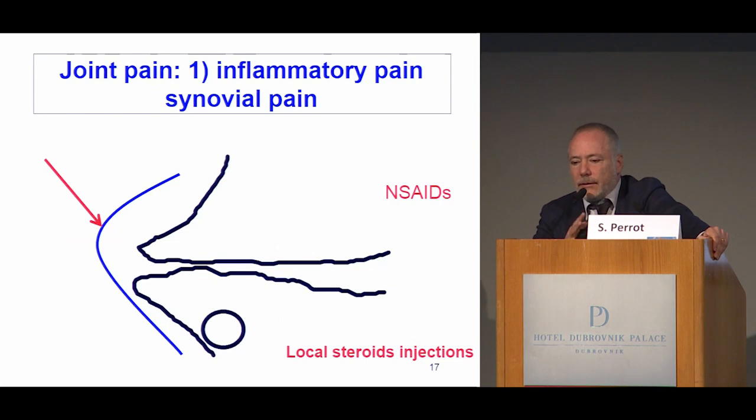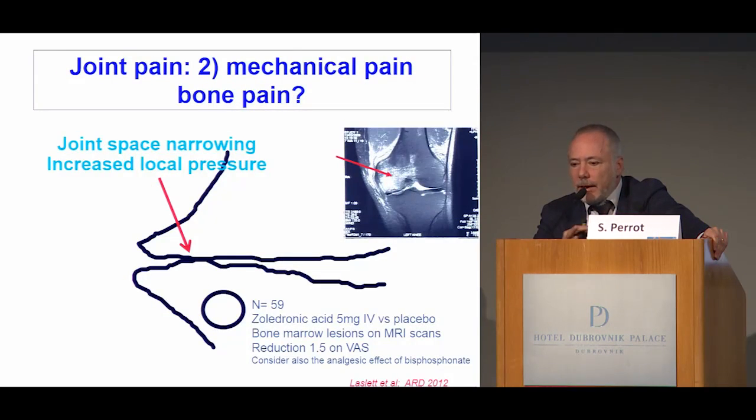First one is inflammatory pain that is probably related to synovial inflammation and where NSAIDs may be effective, as steroid injection. The second one could be bone pain. Here you can see the bone marrow lesions that are associated with joint space narrowing.